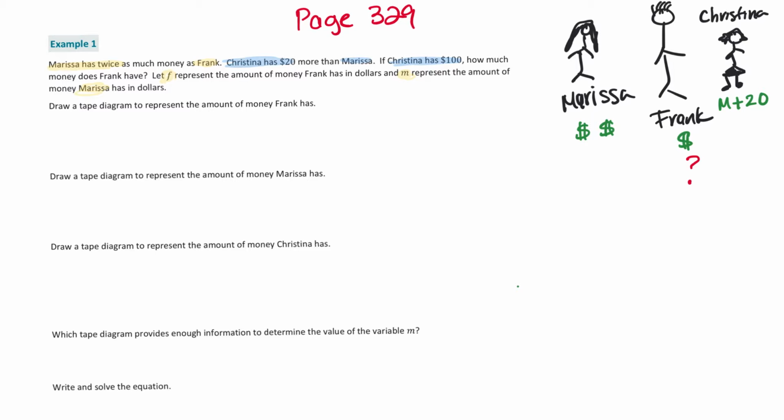Let's draw a tape diagram to represent the amount of money that Frank has. What do we have, Frank? Let me see if I can get my wonderful drawings here. Oh, you know what? I want to do it a little different. Here we go.